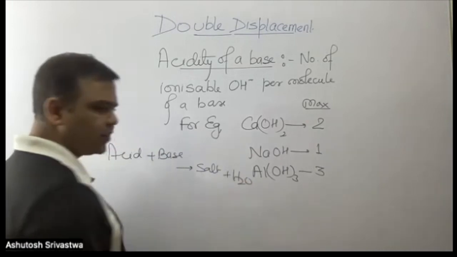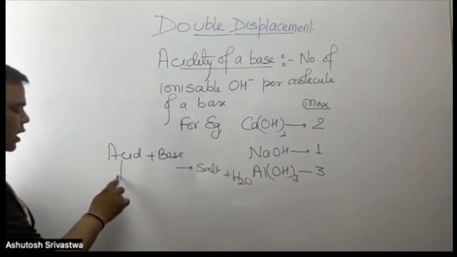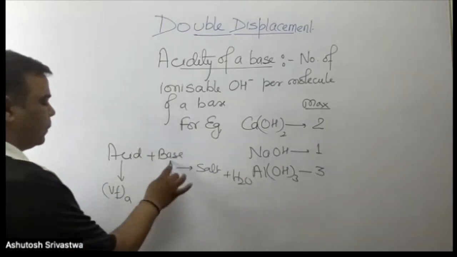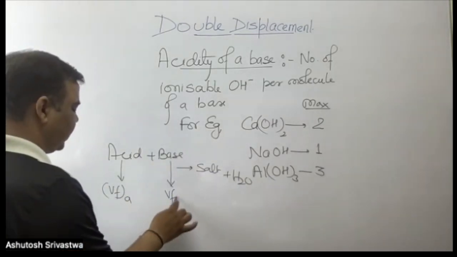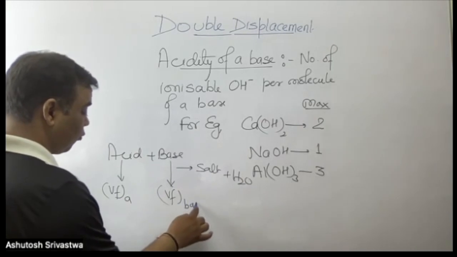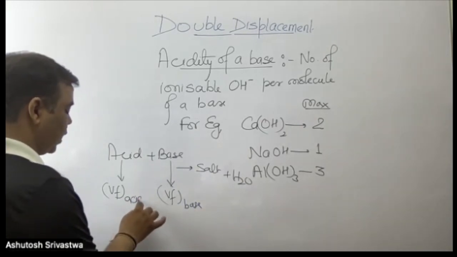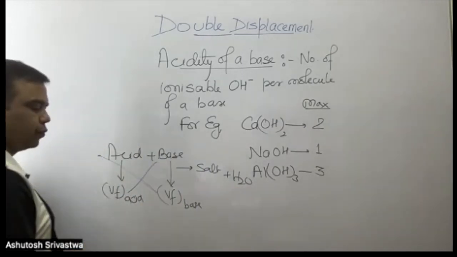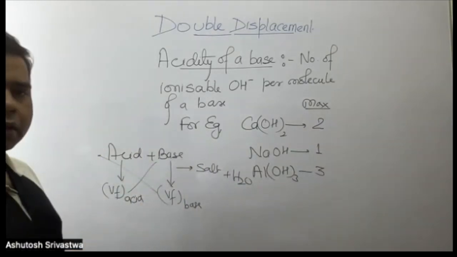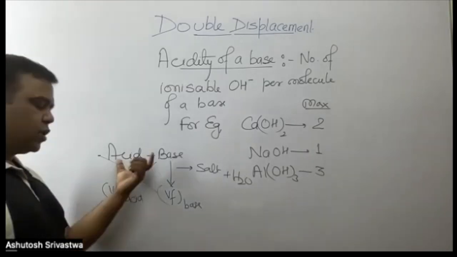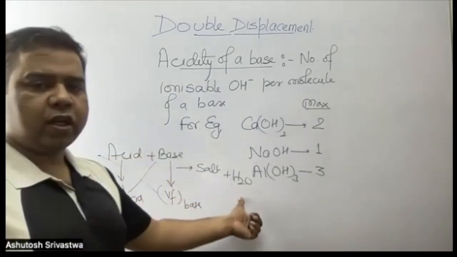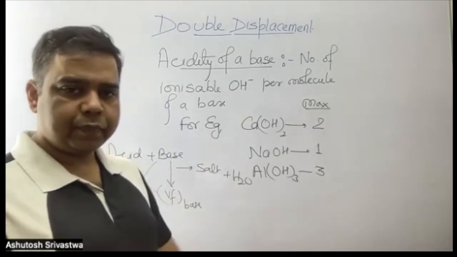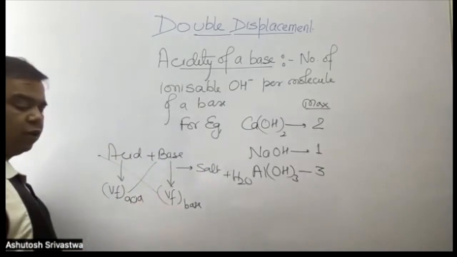To balance this reaction, first compute the valency factor of acid, compute the valency factor of base, and cross multiply. Multiply here and multiply here. Once you get the coefficient here, you can easily get the water here. The number of H converting to OH, reacting with OH, you can know it. Cross multiply, get the value, you will get the answer.